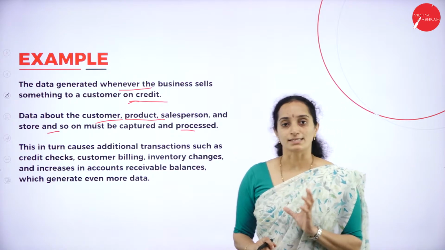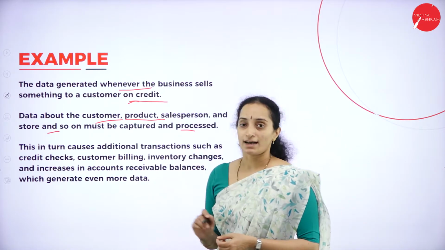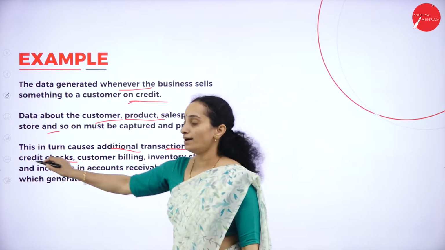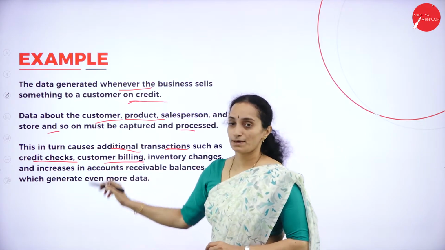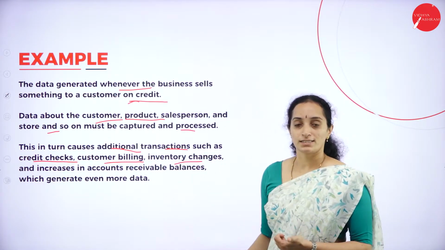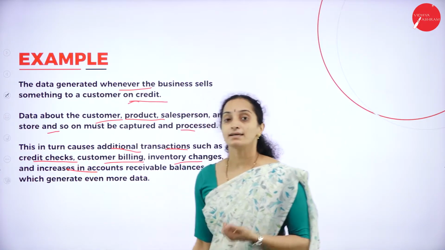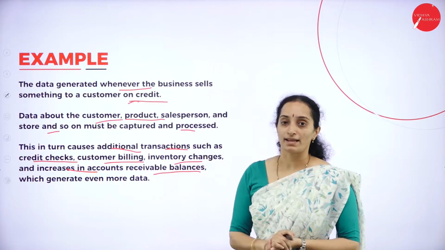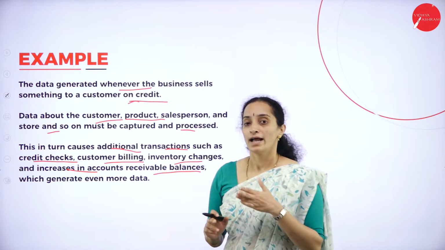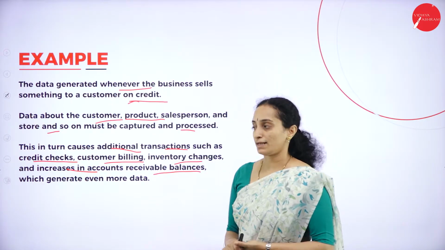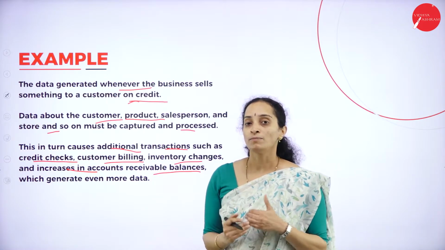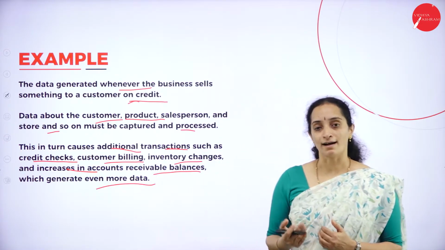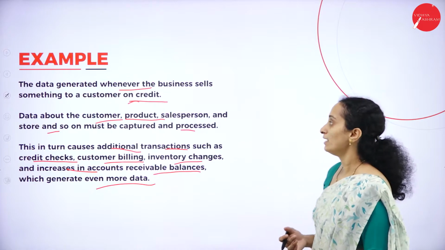Along with that, the main transaction causes additional transactions such as credit checks, customer billing, inventory changes in the stock, and an increase in the accounts receivable balances. Accounts receivable balance means how much has been received and how much remains to be paid by the customer. All those details form another set of transactions, which generate additional data to the current transaction.